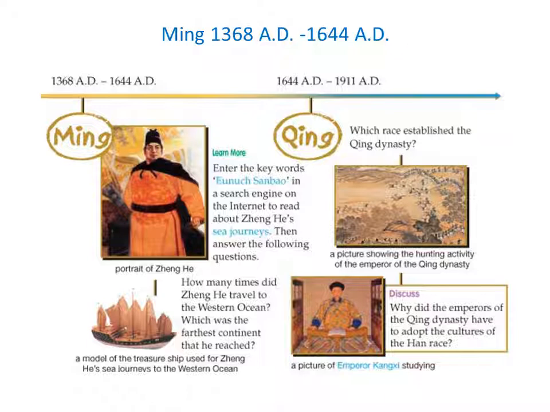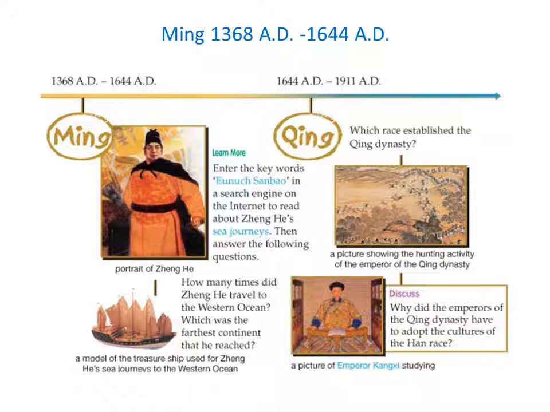And what was the farthest continent that he reached? So you need to do research and get these two answers. And also try and learn more about Sun Bao. Type the words Sun Bao and see what you come up with.